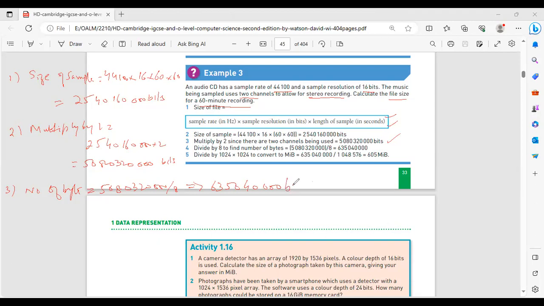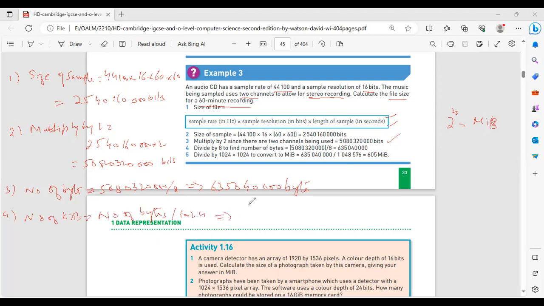These are the bytes. Now fourth step, divide by 1024 to convert. You remember 2 to the power 20 is equal to a megabyte. So first of all I will convert bytes into kilobytes. The formula is number of bytes divided by 1024.